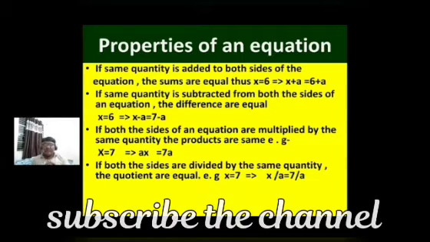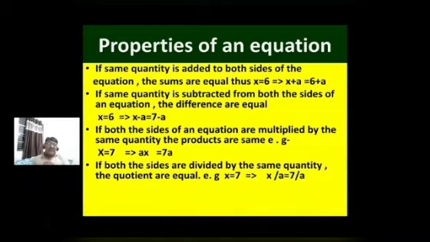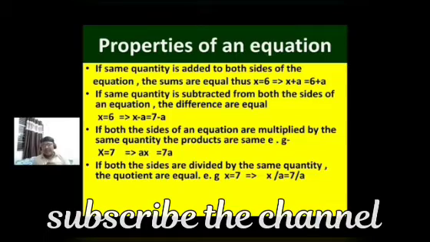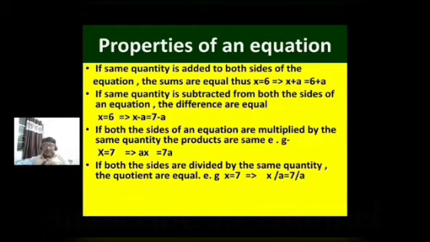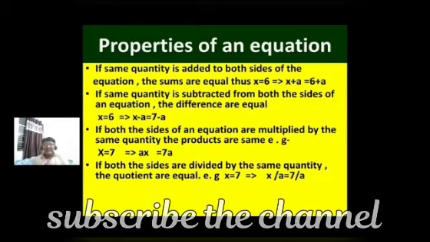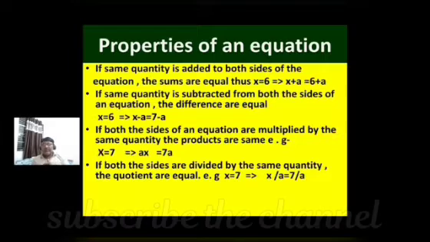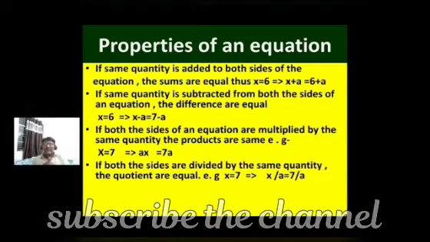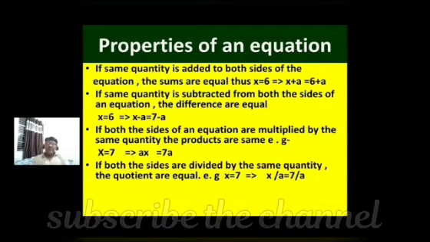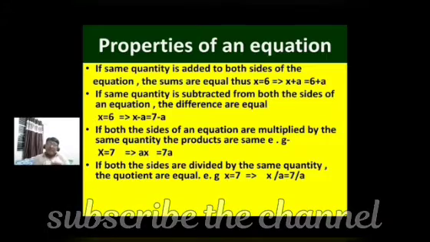Now if both the sides of an equation are multiplied by the same quantity, the products are the same. That is, x is equal to 7, and if we multiply both the sides by a, we will get ax is equal to 7a. And the fourth property, division property.